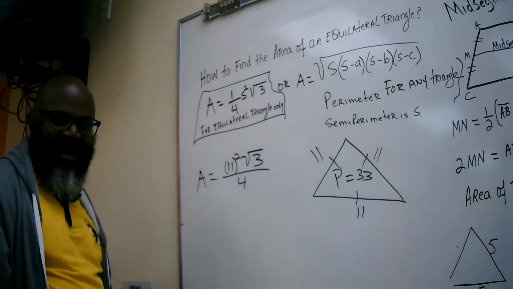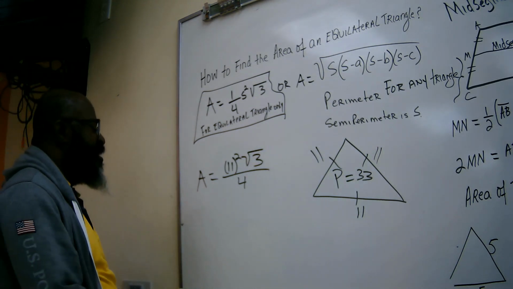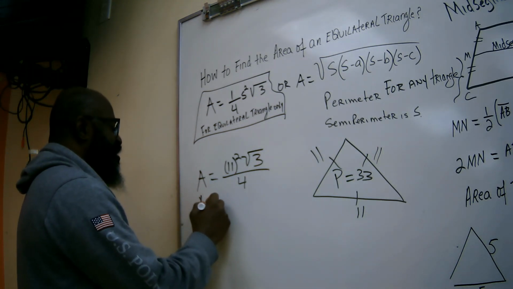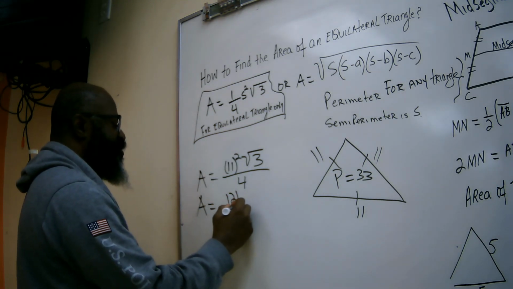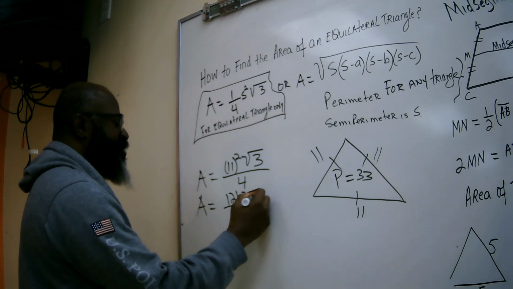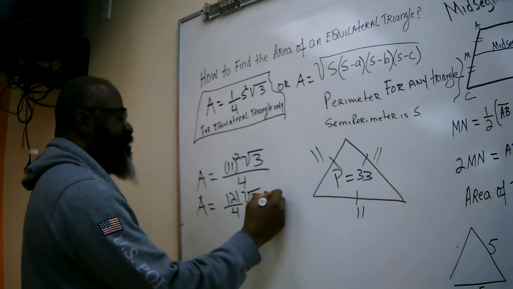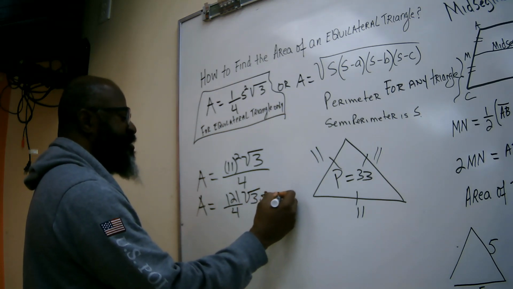Then that should be my answer. In this case, I'm just going to evaluate 11 squared is 121. I will have 121 over 4 times square root of 3, square units. This is the best possible answer.